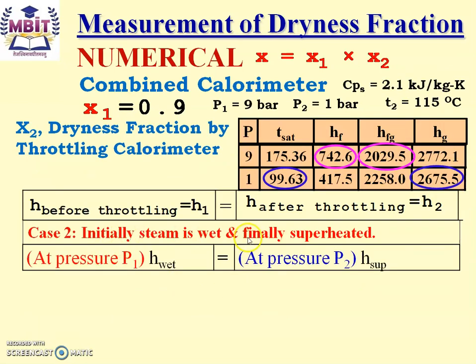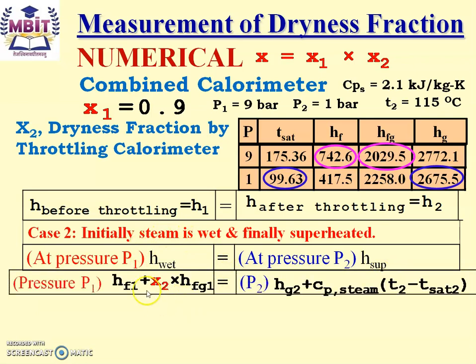So for case 2, at pressure P1, H wet is equal to, at pressure P2, H sup. What is the equation of H wet? hf1 plus x2 into hfg1. And hf1 and hfg1 we should take from the steam table at pressure P1.